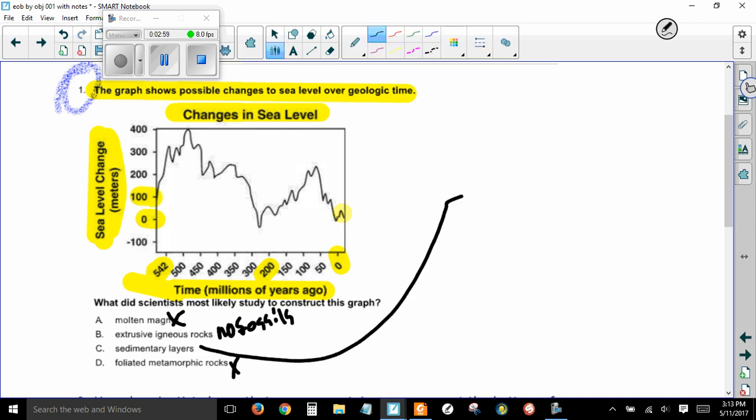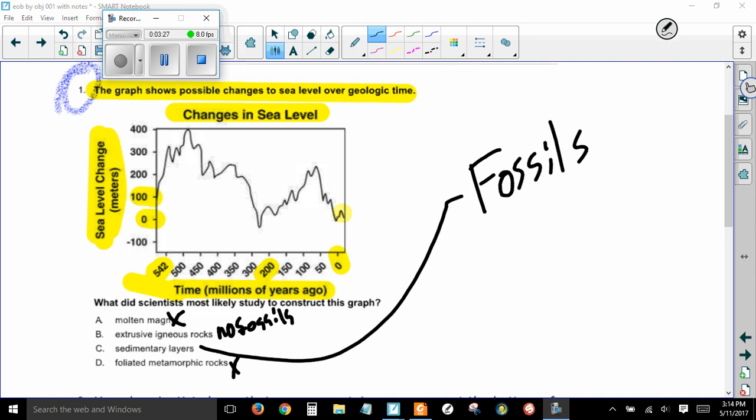But sedimentary rock layers have fossils in them. And since it has fossils, that tells us, are they marine fossils? Or are they land animal fossils? If they're clams, we know it was underwater. If they're saber-toothed tigers, we know it was dry land when that fossil was formed.